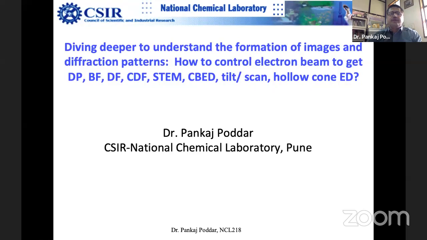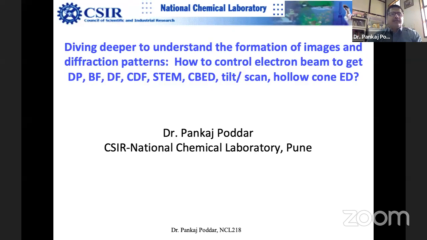After that, we learn convergent beam electron diffraction, CBED, and then tilt and scanning, because if we have convergent beam, then we need to do the scanning. And finally, we'll learn holocon electron diffraction.